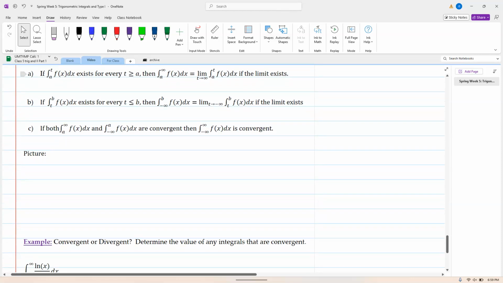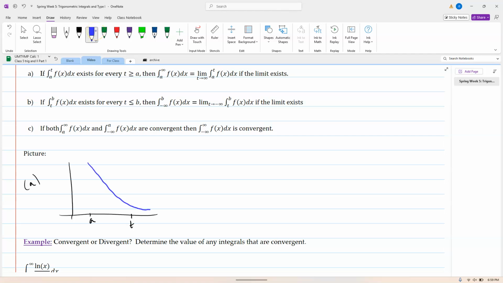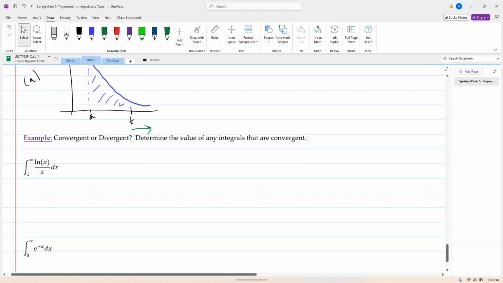And so here, just to again help visualize, in case A, we begin at a, and here is t. Our function is something like this. And so we draw little boundaries, and we're looking at that area. And all we're doing is shifting t to the right. And so if that works for everything, then we're good.